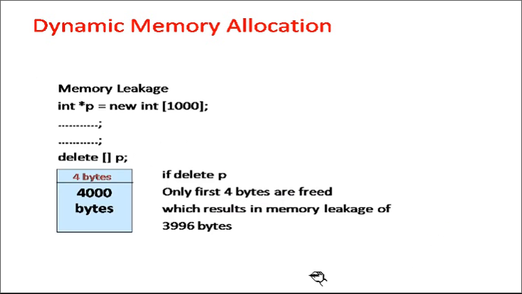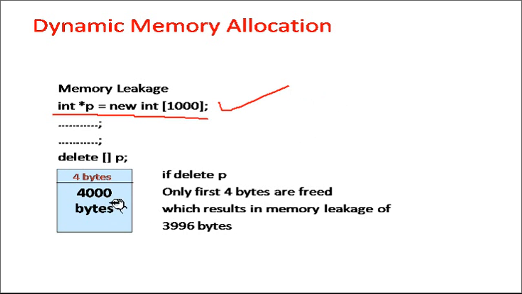Let's see how memory leakage occurs with a simple example. In this example, I am allocating memory for 1000 integers. Assuming an integer takes 4 bytes with a 32-bit operating system, for 1000 integers we need 4000 bytes of memory.